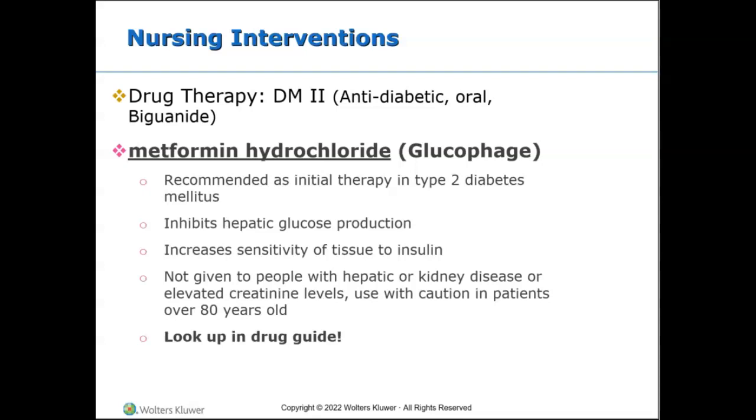It should be taken with food, and the patients must monitor the kidney and liver functioning, or the doctors will, obviously, but patients need to be aware that their doctors need to order kidney and liver function tests to ensure that these organs are perfusing and healthy. So that's BUN, creatinine, ALT, and AST, right? BUN and creatinine being the kidney labs, and AST and ALT being the liver labs, right?